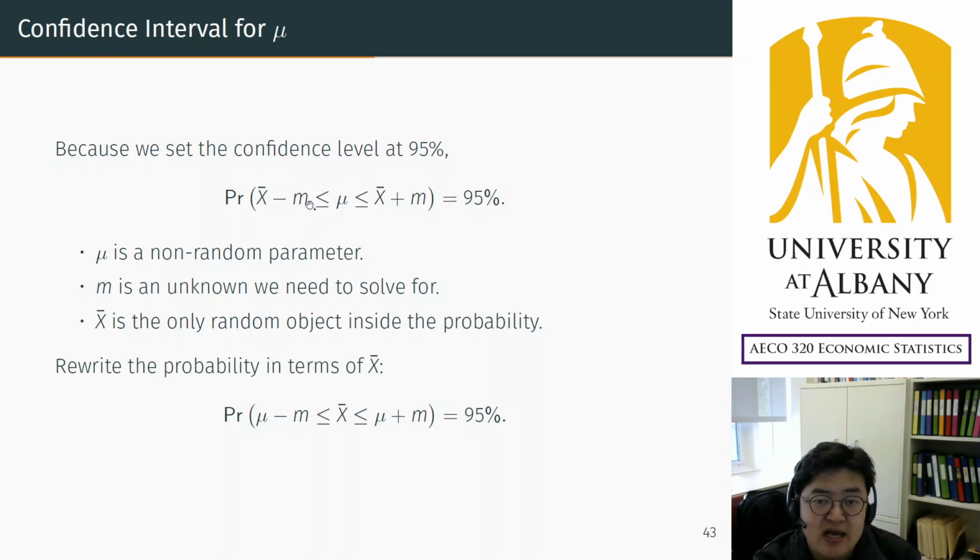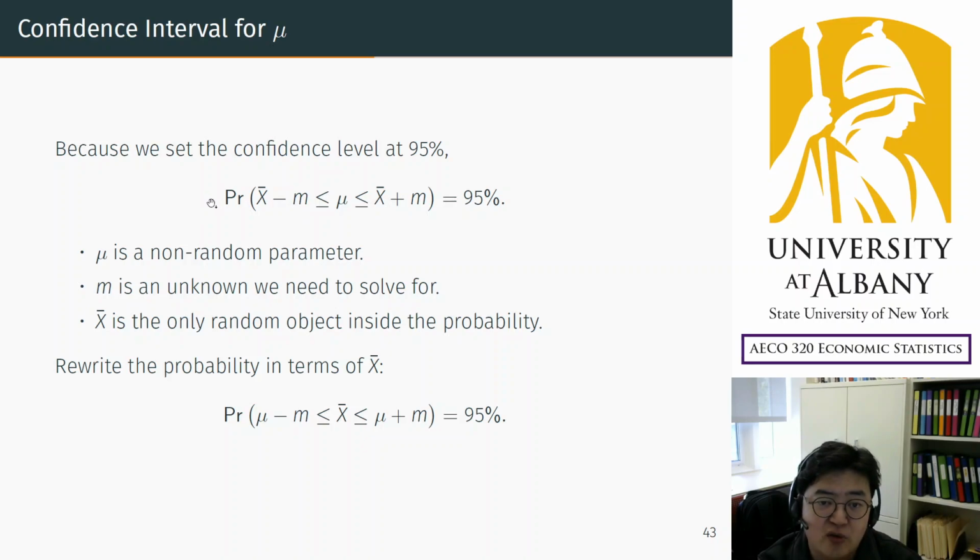So m is the unknown in this equation. In this equality, mu is unknown but fixed, and what we want to solve for is m. X bar is a random variable following a normal distribution. So that is our basic plan for how to calculate m.